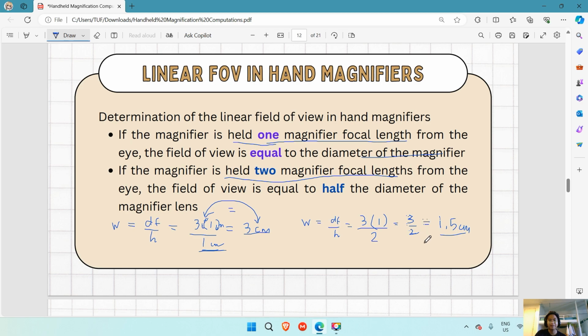So it becomes half, right? Did you get it? We can interpret this that as the distance becomes larger or farther away, the width of the linear field of view becomes smaller.